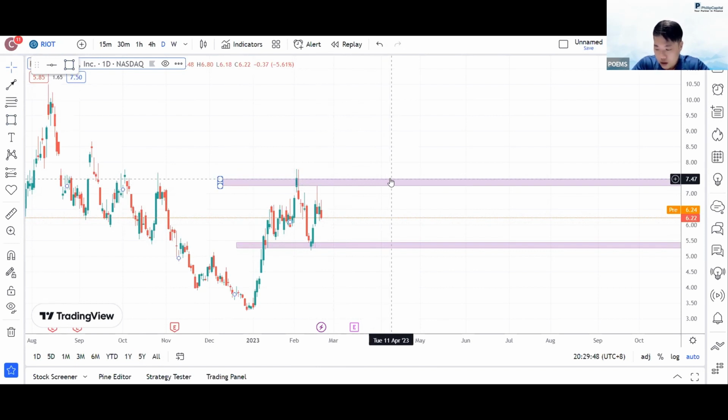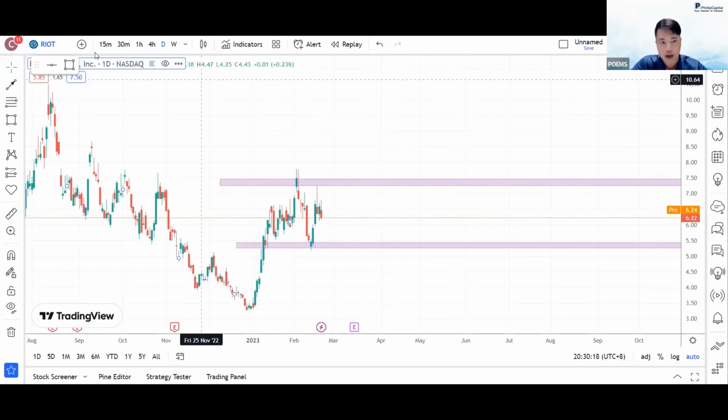But if the PCE price index goes the other way around, let's say it's at 5.5, then there's market fear, the sentiment that the Fed will continue to have more rate hikes. So that's why we are looking at what the PCE price index data release will be 2 days later. So that's for Riot.